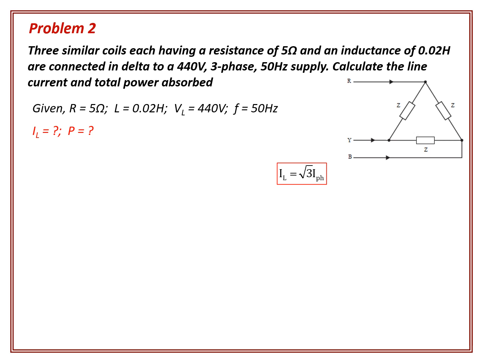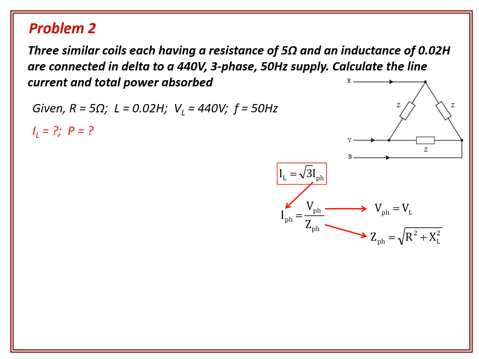Now let's look at the equations for getting IL. As we know, in delta connection, IL is equal to root 3 I phase. But I phase is not given in question, so we have to use the equation I phase is equal to V phase by Z phase for finding I phase. Here V phase and Z phase are unknowns, so use equation V phase is equal to VL for finding V phase and Z phase is equal to root of R square plus XL square.